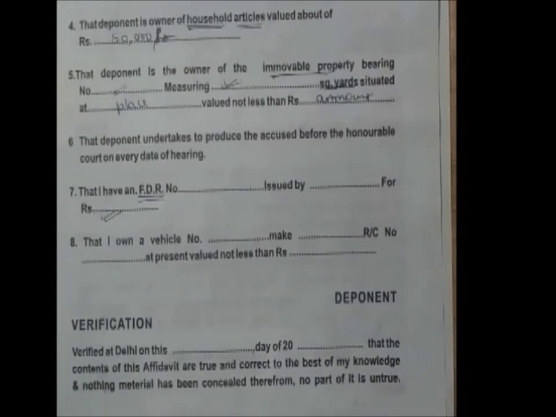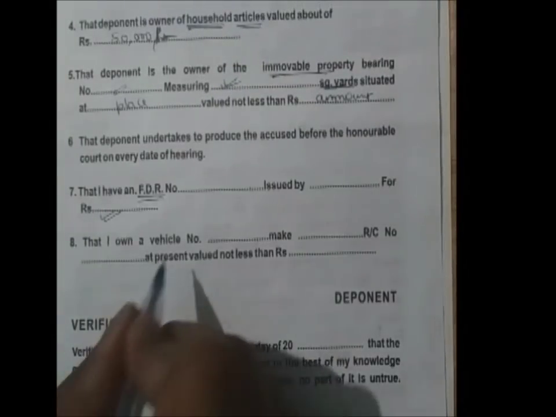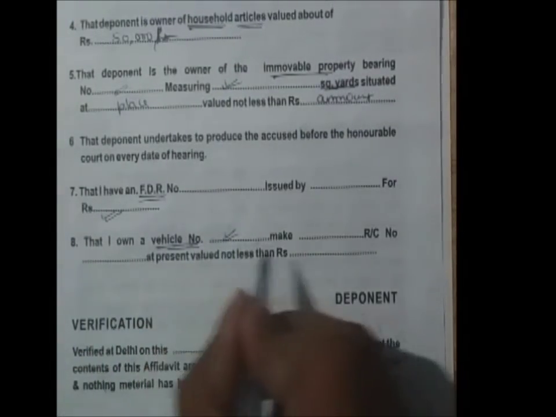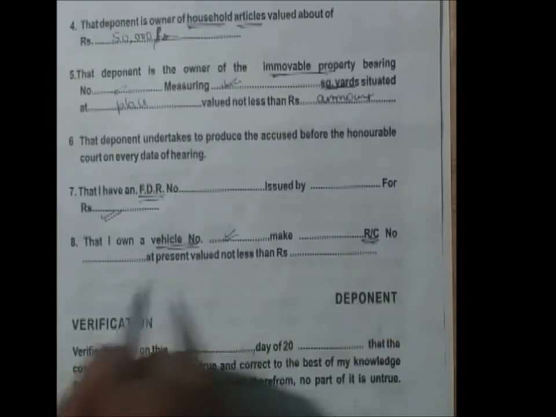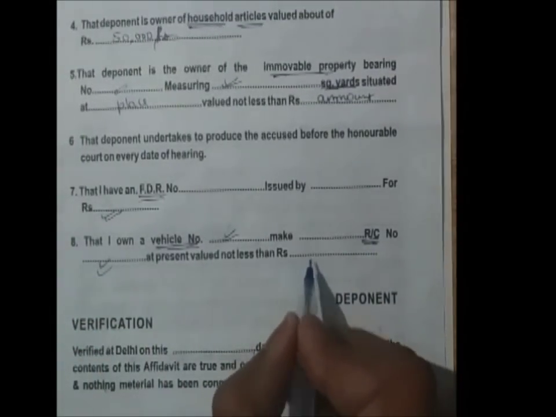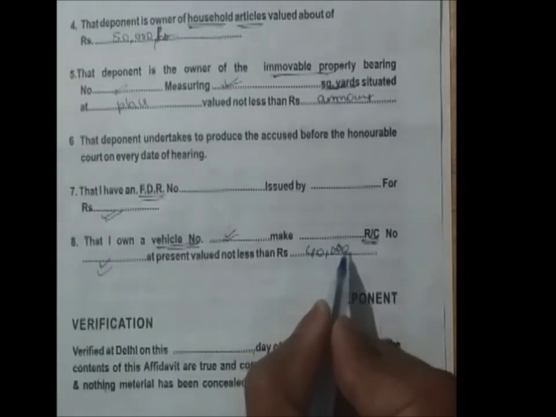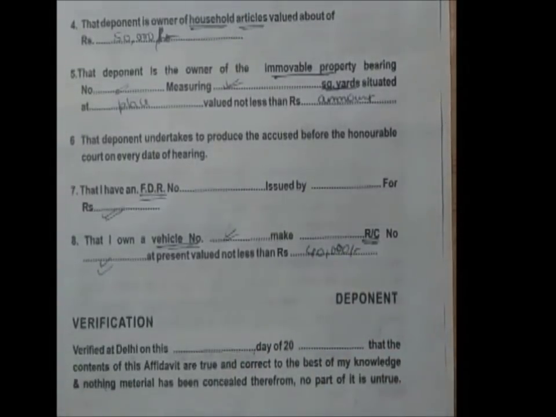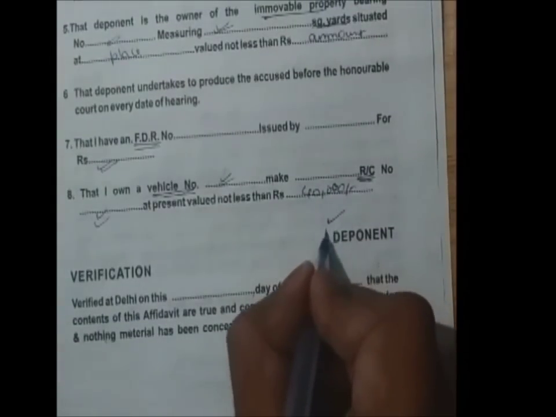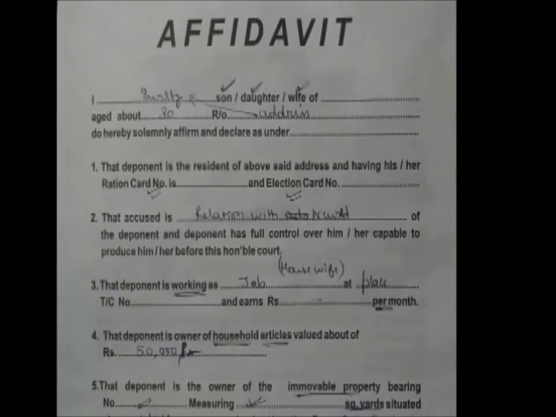You can fill all, but if you wish to leave anything, you can leave it, but you have to just show at a glance that you are capable of paying the amount as surety. So you have to mention vehicle number, RC number, and let's say 40,000 is the value. Then we have to mention the signature of the deponent, that in this case is the surety.